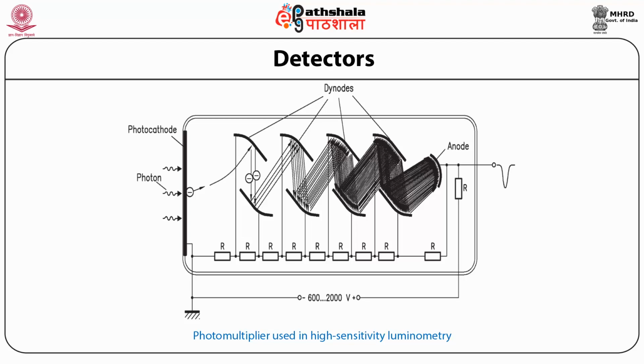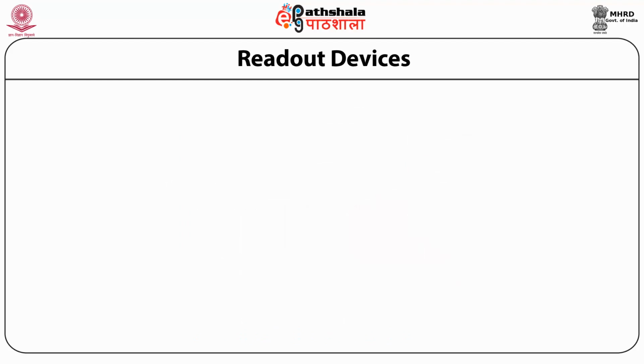After hitting each dynode, the signal grows exponentially until an avalanche of electrons is formed, which finally hits the anode. From the anode, the charge is picked up by the electronics with a typical electron multiplication factor of 10 to the power 6. Then when you have done all, you have recorded, but you need a readout device then.